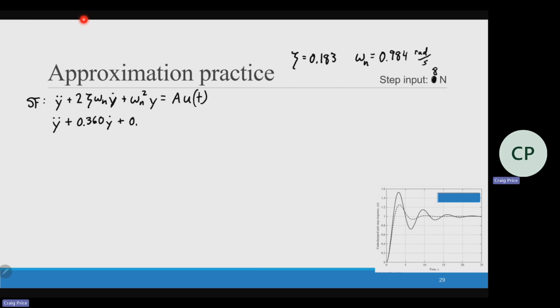That is 0.968 y equals some kind of constant times our input, which is 8. So it looks like mass is equal to 1, B is equal to 0.36, and K is equal to 0.968.